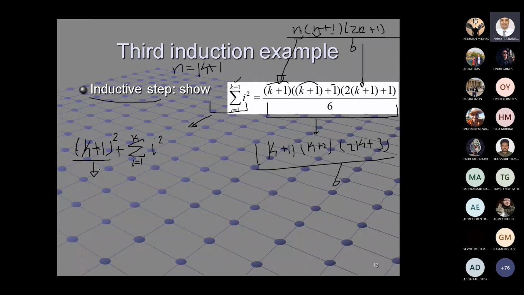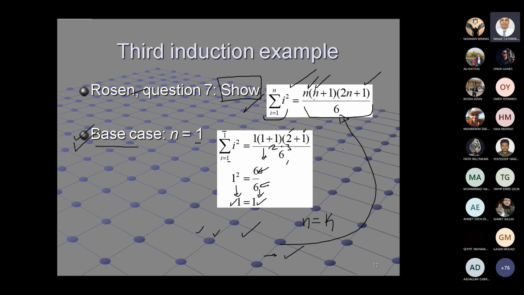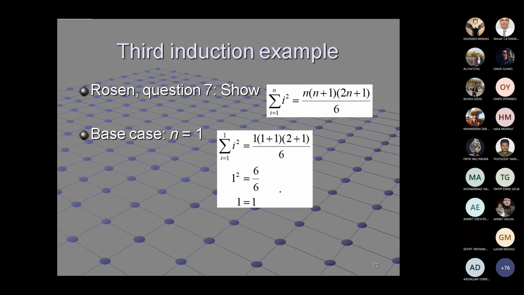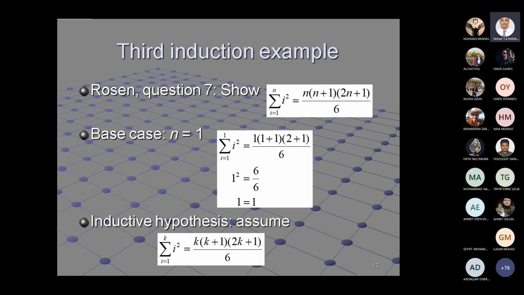It's a perfect square, yes? So it's k square plus 2k plus 1. This side, we can take it from our assumption. Here, our assumption. Sorry, here.